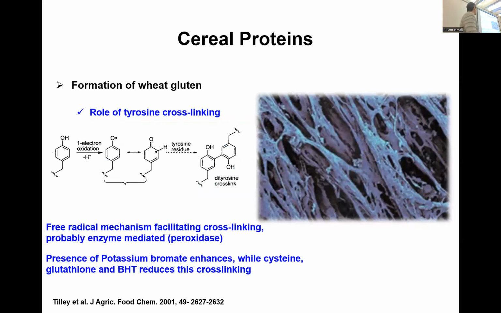Okay, so back before some of you were born, in 2001, there was a very fascinating study. I felt like this is again very basic research that is very valuable. They figured out that it's not just hydrogen bonding and disulfide linkages. There is another type of covalent interaction that also takes part in the formation of gluten, and that is tyrosine linkages.